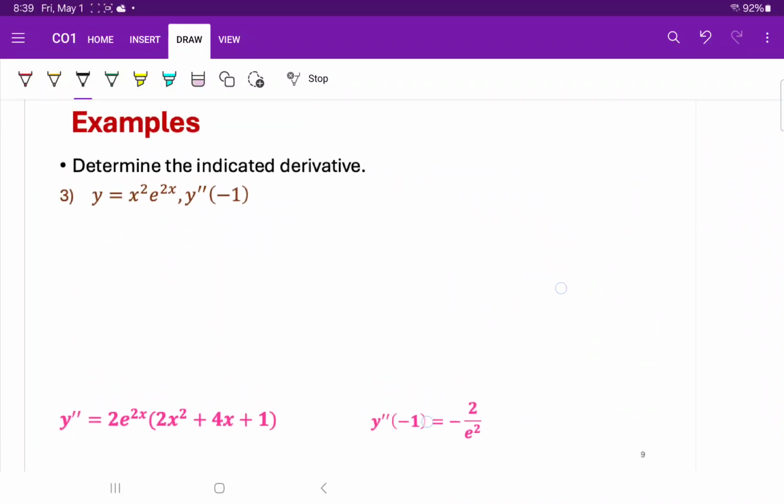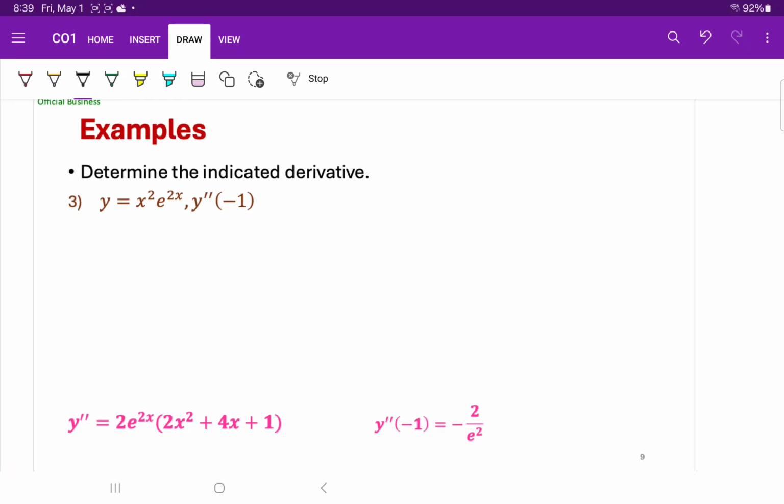For number 3, what is asked is y double prime of negative 1. So what will you do here? First, again, we solve for y prime. We use the derivative of a product.